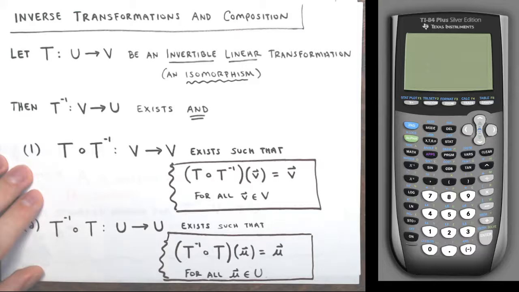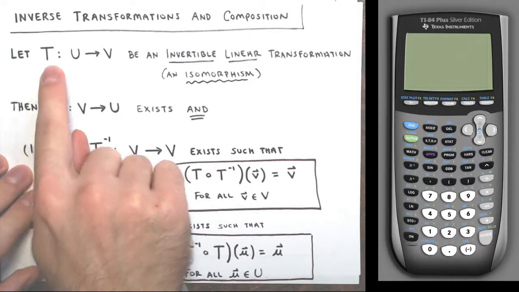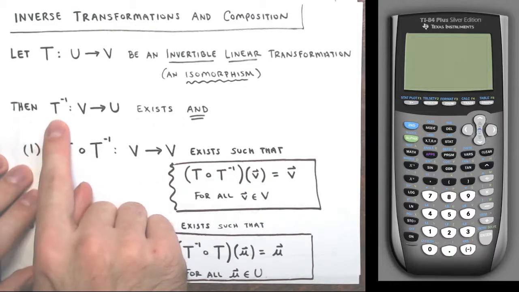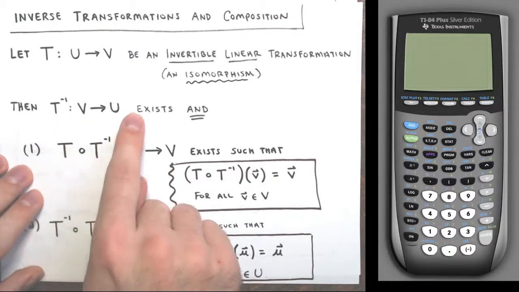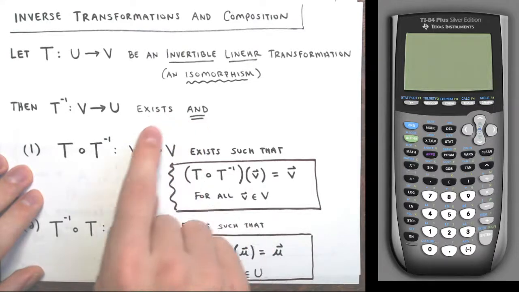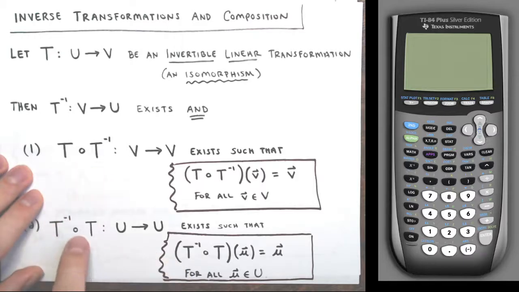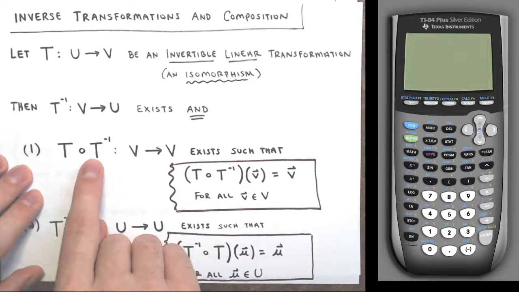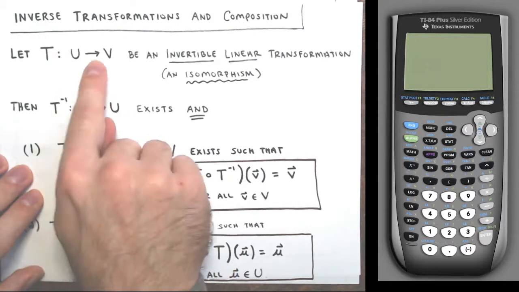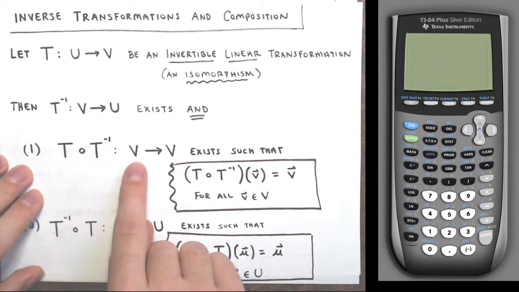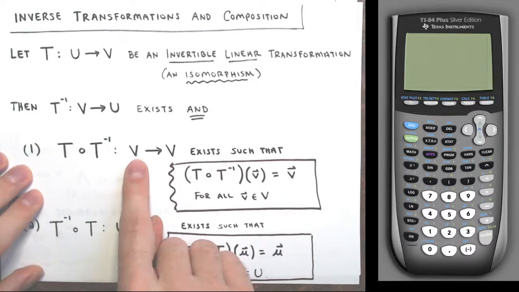All right, so suppose we're given this T, which is an isomorphism, an invertible linear transformation. Then T inverse, which would go from V to U, exists and is also a transformation. And you could compose them in both orders. T composed with T inverse means I go through T inverse first and then through T, so I'd be going from V to V. This would be the identity transformation from V to V. It would take every vector from V and assign it to itself.